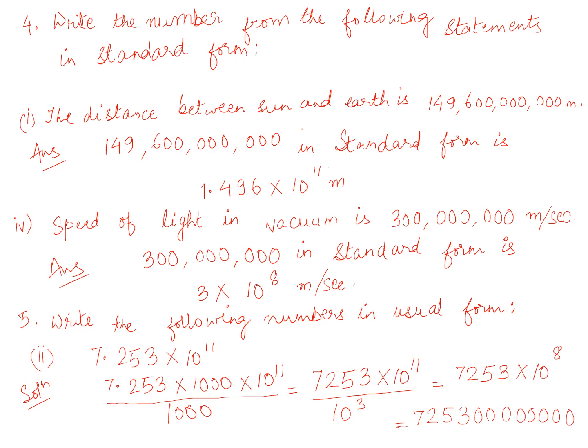After 1, put the decimal and write the remaining digits, that is 496. I have written 496 times 10 to the power how much? The power means you have to count the digits after 1: 1, 2, 3, 4, 5, 6, 7, 8, 9, 10, 11. So 1.496 times 10 to the power 11 meters.